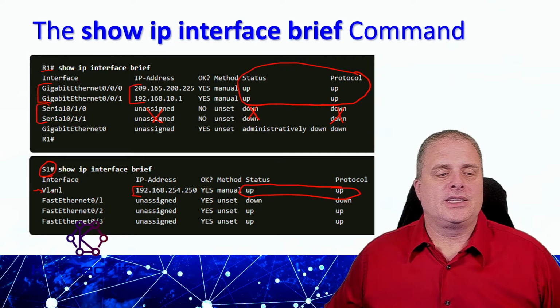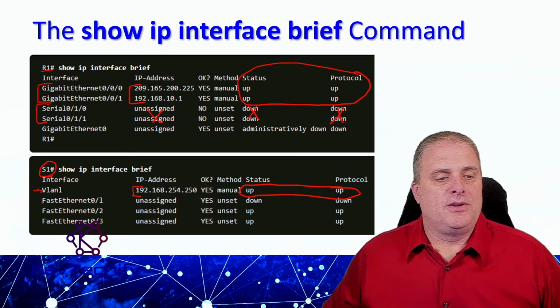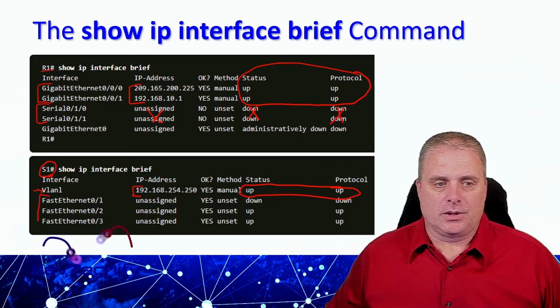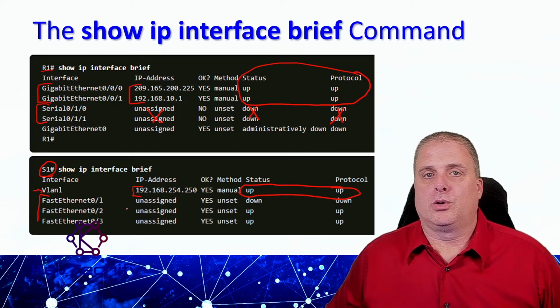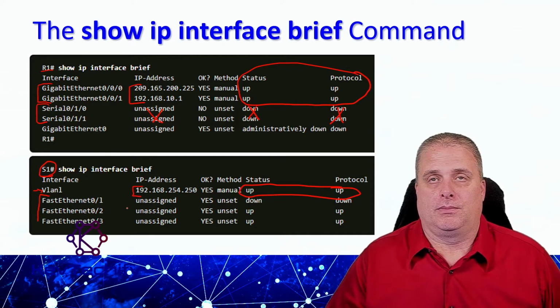After your VLANs, then it's going to list out all the ports on your switch. If you have a switch that has 48 ports, it's going to list out all 48 ports. Most of the time, the physical ports on your switch, FastEthernet 0/1, 0/2, GigabitEthernet 0/1, 0/2, shouldn't have an IP address assigned to them.